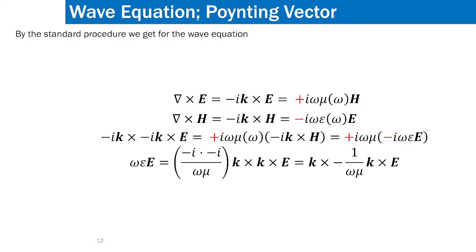So minus 1 by omega mu. So this we can write as k cross, minus 1 by omega mu, into k cross E. So let us stop at this point today. From this equation, we will derive the wave equation in our next discussion.